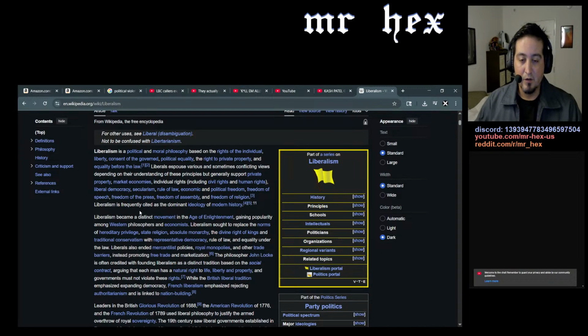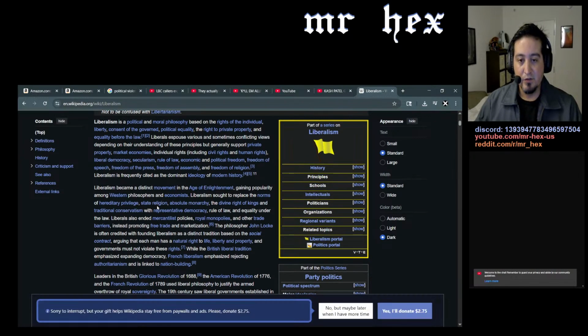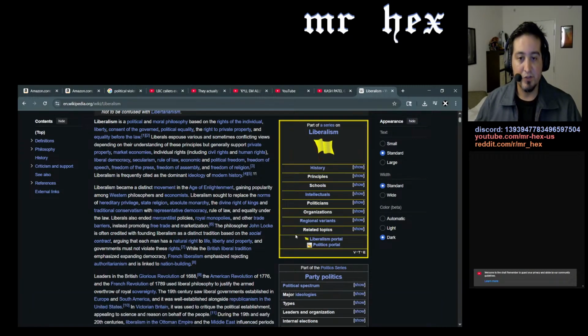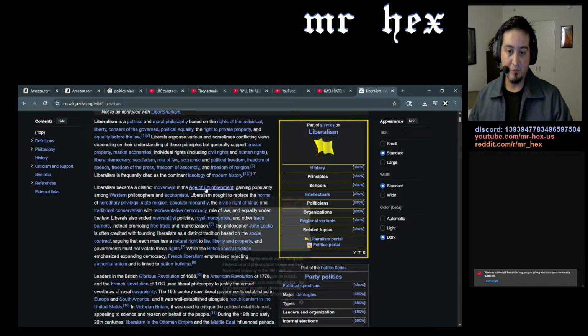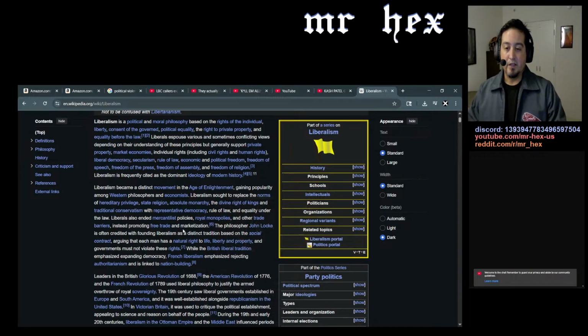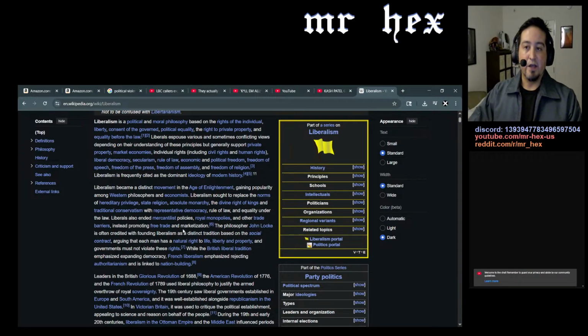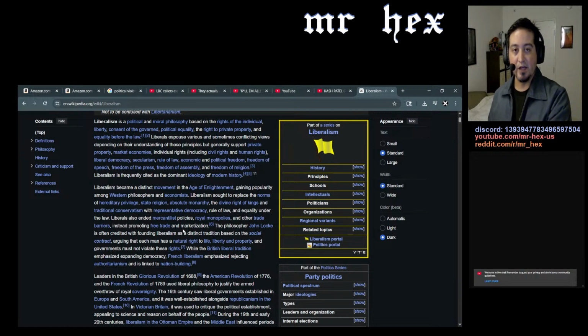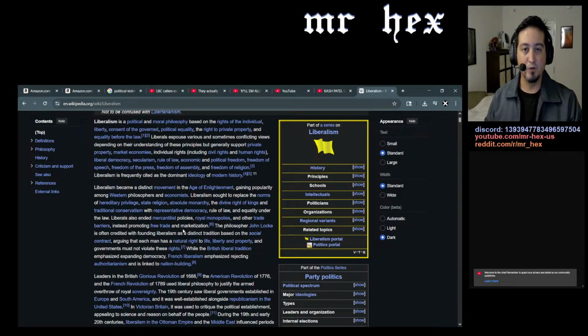Okay. But liberalism is an ideology, unlike a lot of ideologies before it, that evolved out of the Age of Enlightenment. It says right here, right? The Age of Enlightenment was an era of human development where we developed science, we developed a method of rational thinking and of humanism.